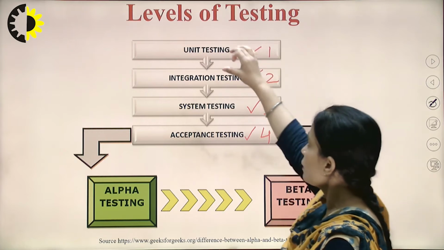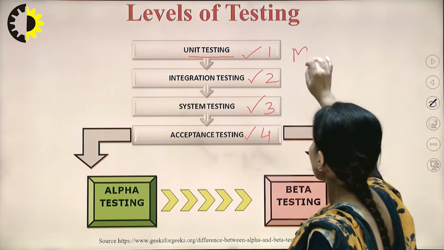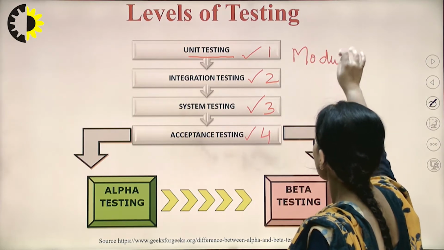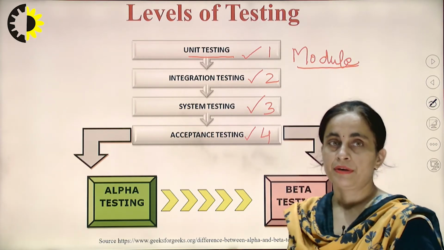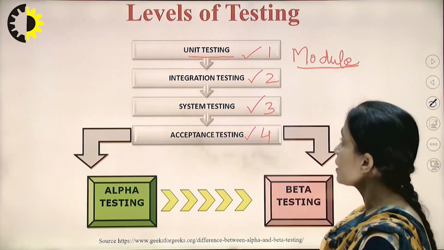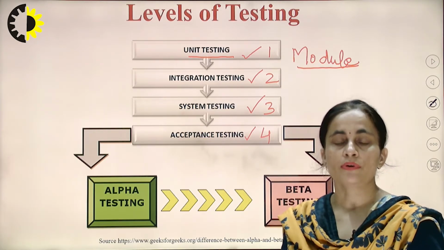Let us start with unit testing. It is also called module testing. Module testing means testing the functionality of an individual module. Suppose I am going to write a program for designing a calculator. How will I proceed?